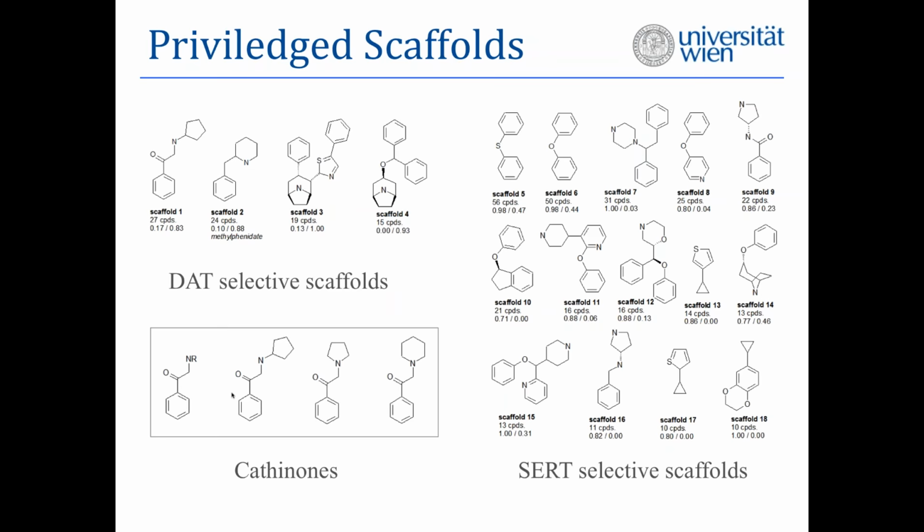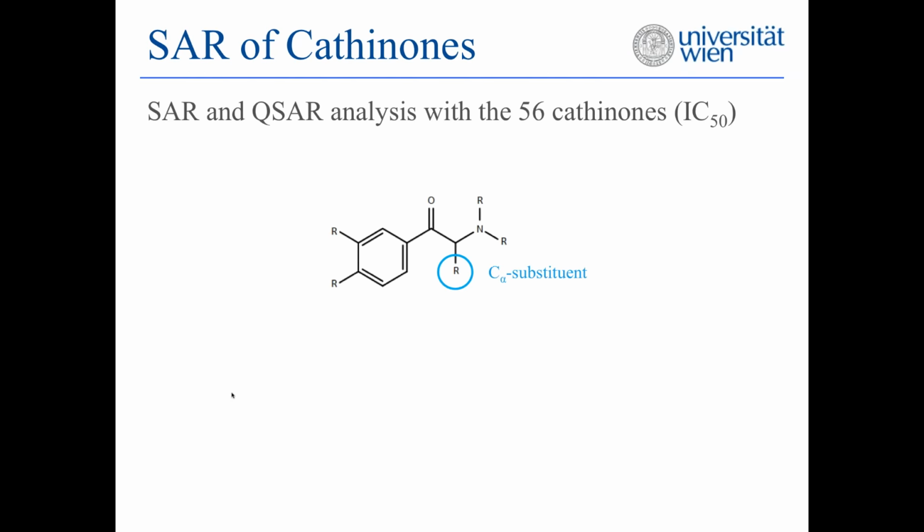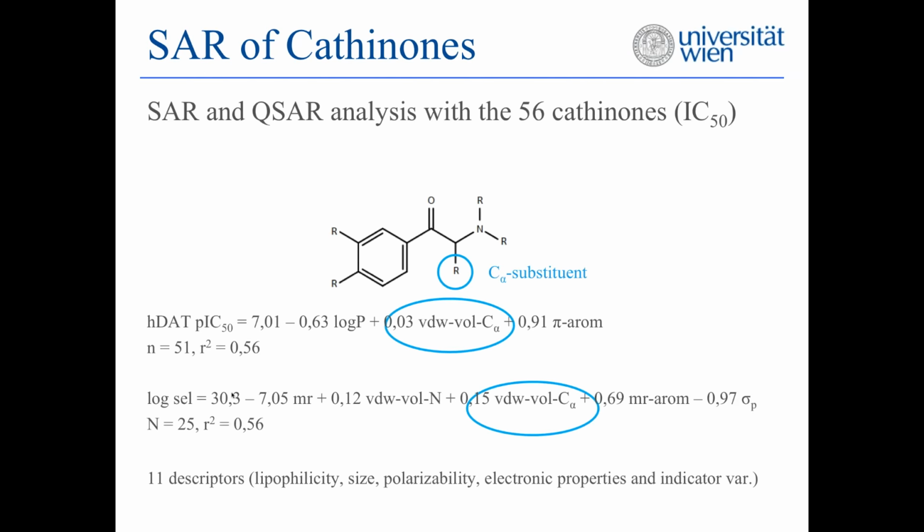We compiled the sets and retrieved a data set with 56 compounds, and what we noticed is basically that it seems the substituent here in alpha position is somehow triggering selectivity.